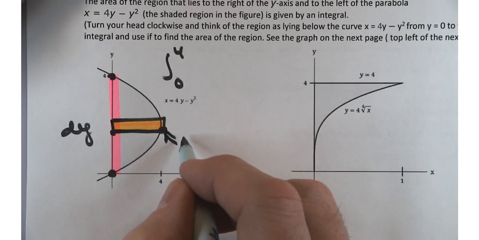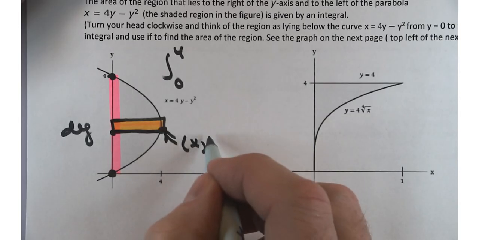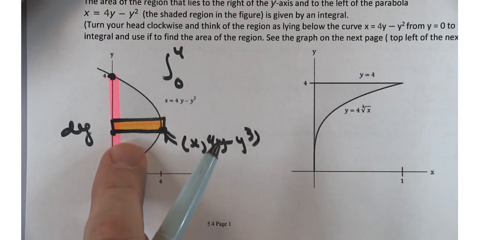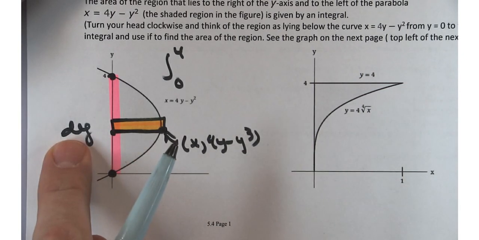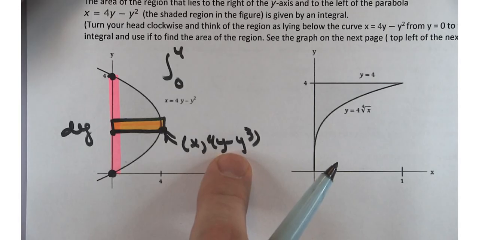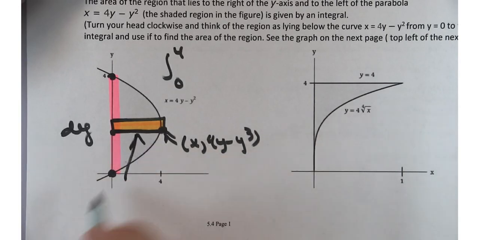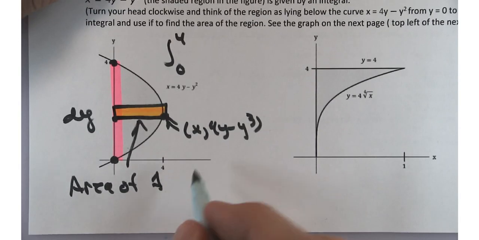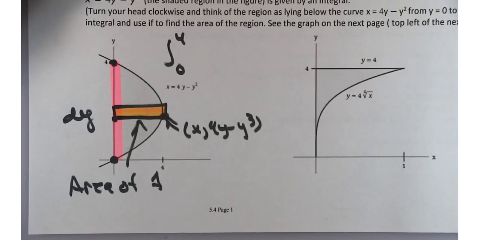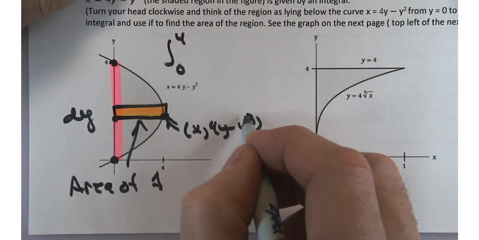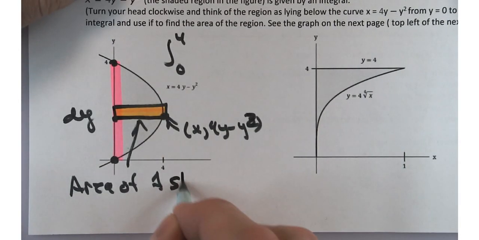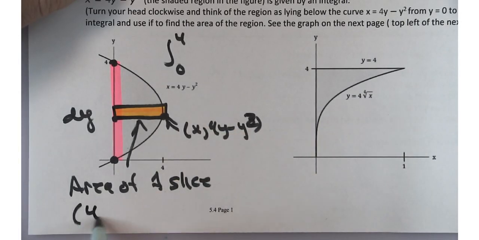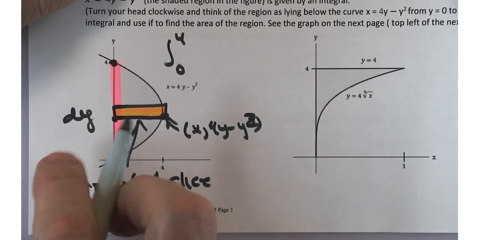So this has coordinates of x and 4y minus y squared. Because this is in units of y, I want this in units of y. The area of one slice is going to be this length, 4y minus y squared, times dy.